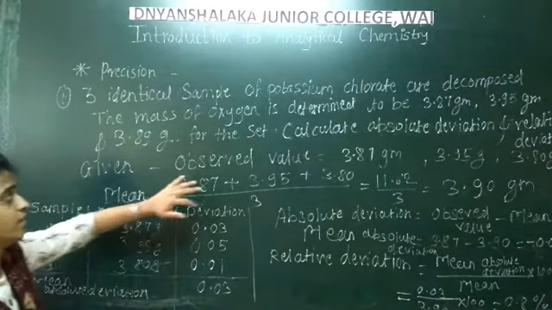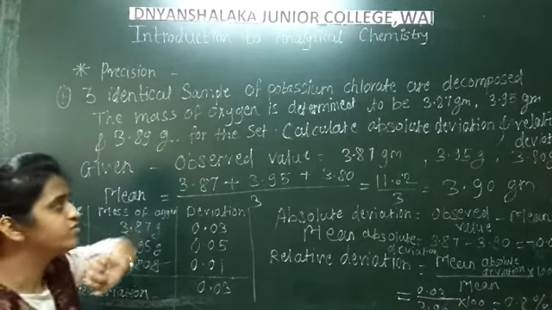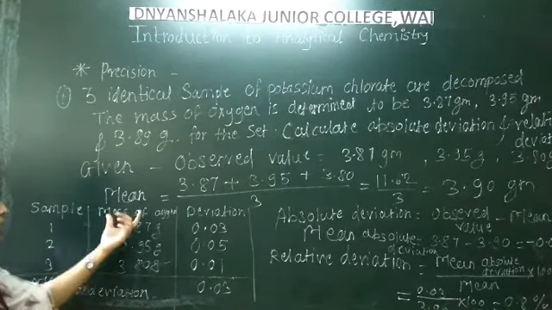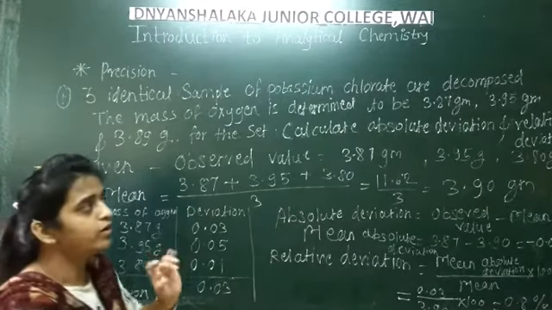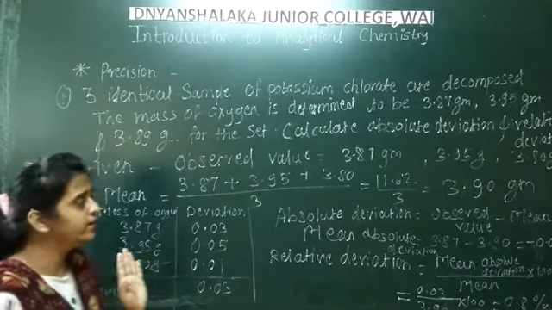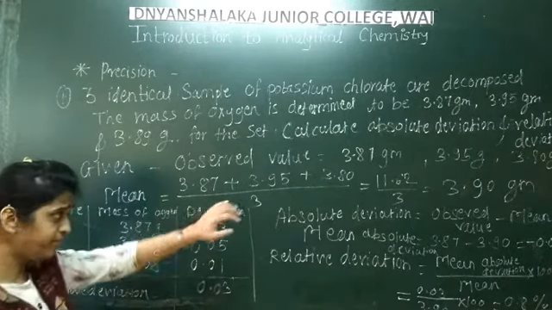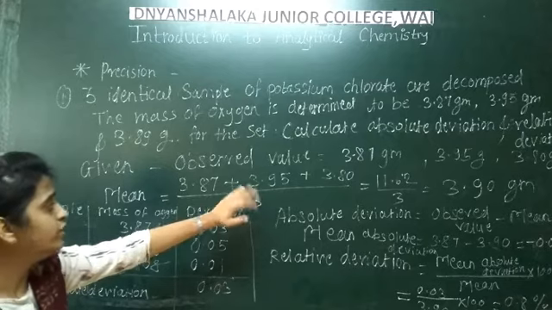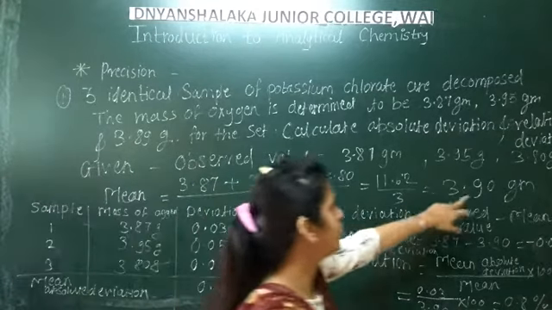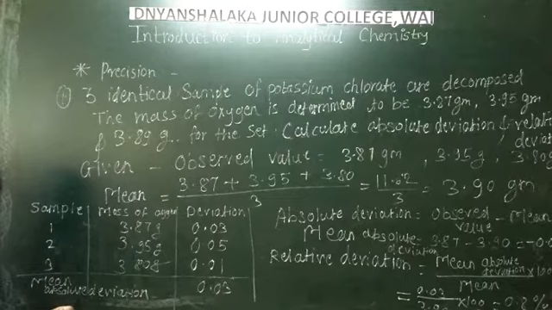Again we explain this example. In this question we get three sample values. Mass of oxygen: first is 3.87 gram, second 3.95 gram and third 3.80 gram. We first calculate the mean of all three values. Adding these three values and dividing by 3, we get mean 3.90 gram. Next we calculate the mean absolute deviation.